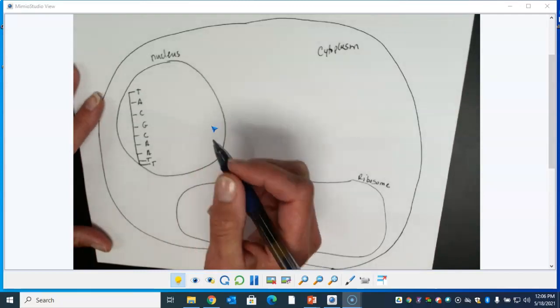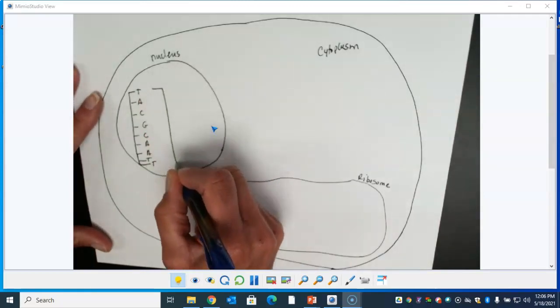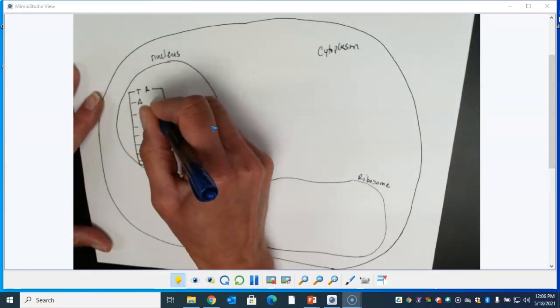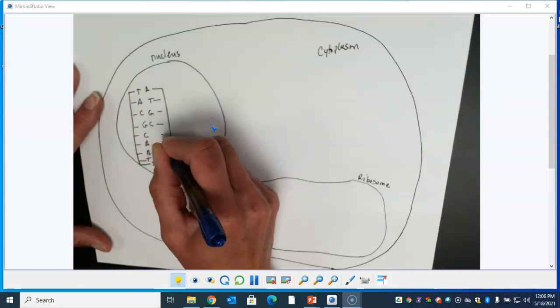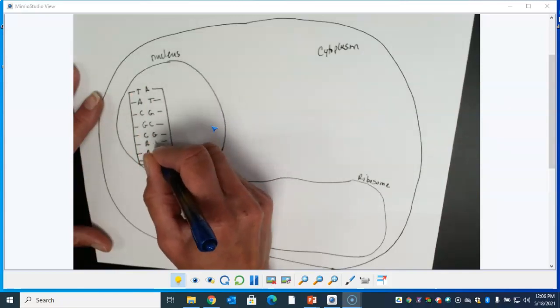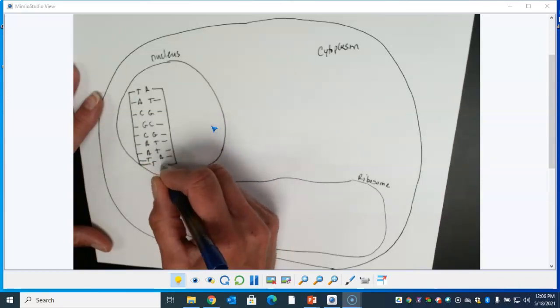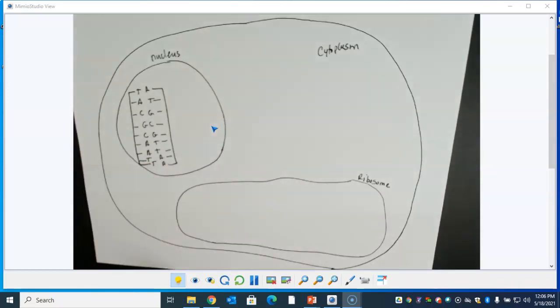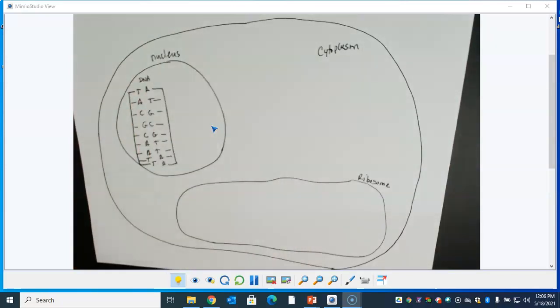The other half of our DNA molecule should look like this: A, T, G, C, G, T, T, A, and A. So this is our DNA molecule, put together nicely. What happens is this.